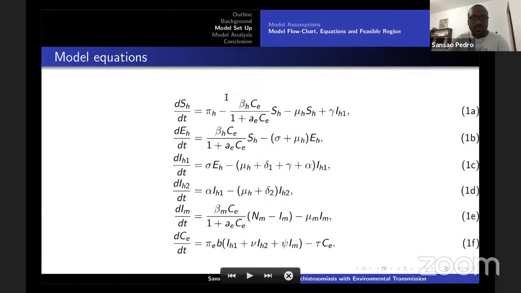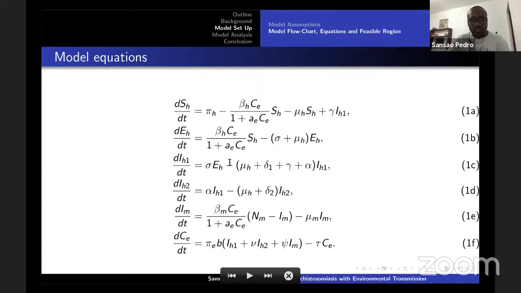And these system processes may depend on recruitment rate, infection, death, and also recovery for the susceptible. And the exposed compartment is increased with infection, then reduced with development to the next stage, which is IH1, and also through death, which is by mu H.